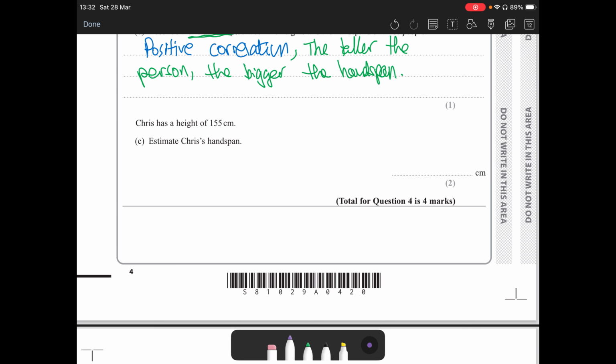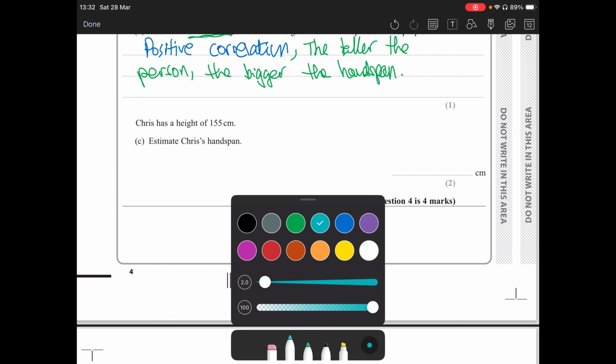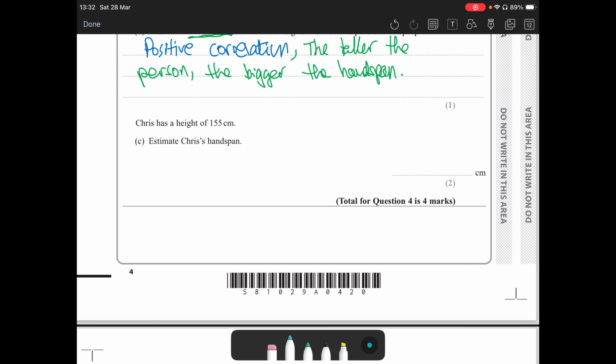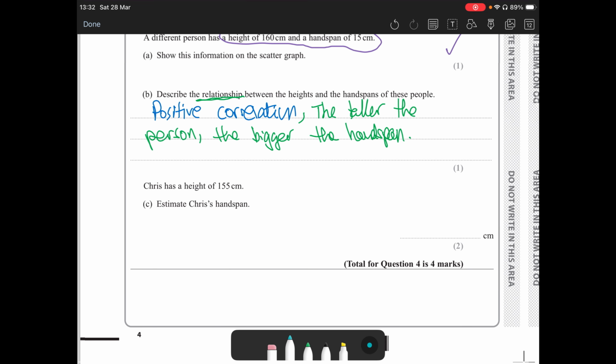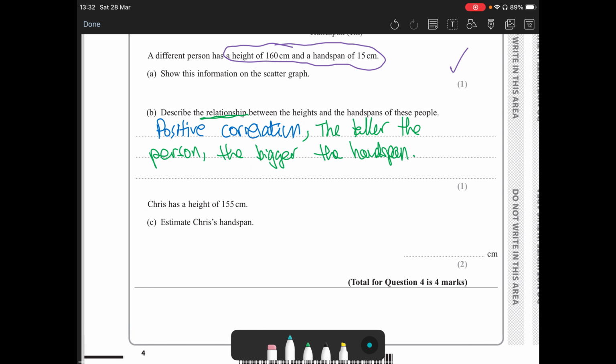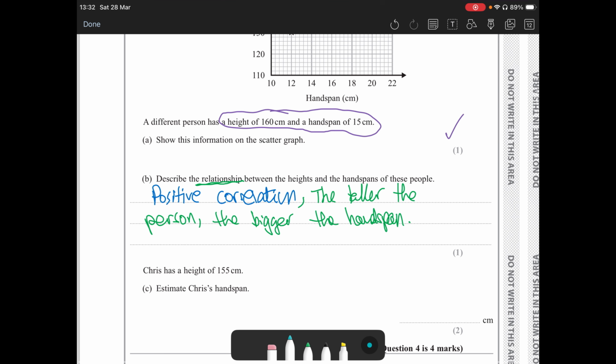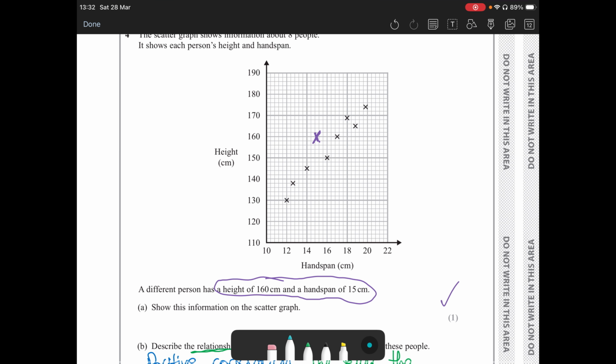Okay, so next up we've got estimate Chris's span. I'm assuming Chris is a boy in this question. All right. So what we want to do here, and again, mine's going to be a bit sloppy because it's hard to draw straight lines on an iPad, but I would get a ruler and I'd draw a line of best fit before I approach this question.